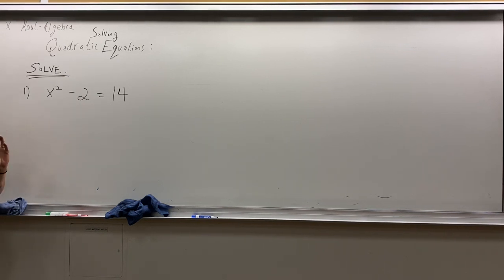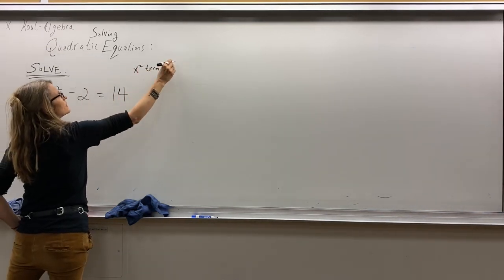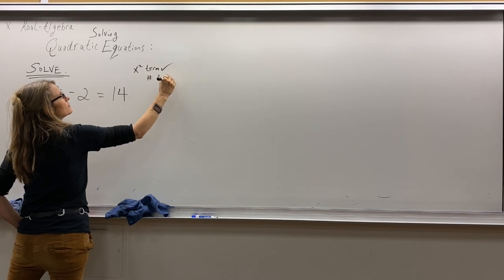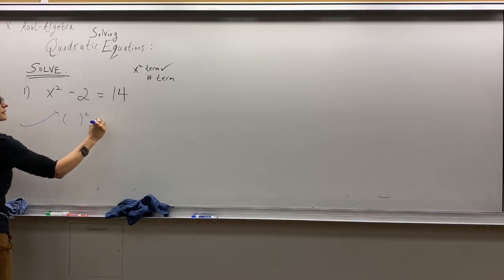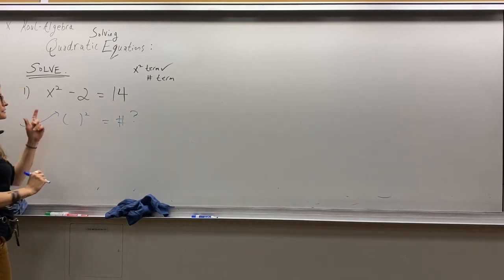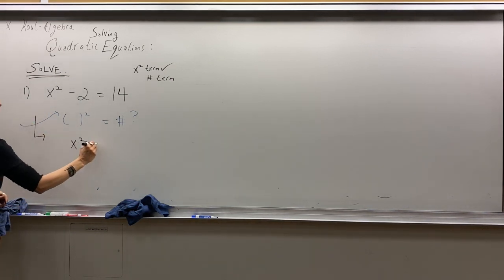Well, it doesn't quite look like the format right off, not like the last example I showed you, but I realize I only have an x squared term, and I have a number term. And the question I'm asking myself, can I just get a squared equal to a number out of this? Yes, very possible. All I have to do is move that 2 over, or technically add 2 to both sides. And so in this case, if I do that, I end up with x squared equals 16.